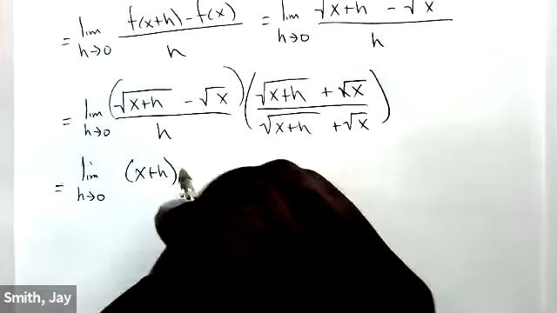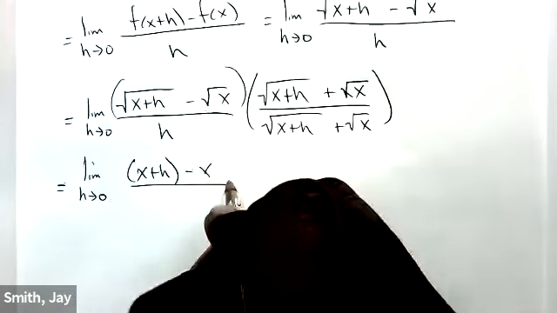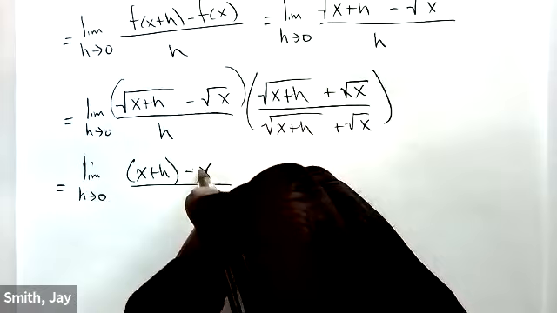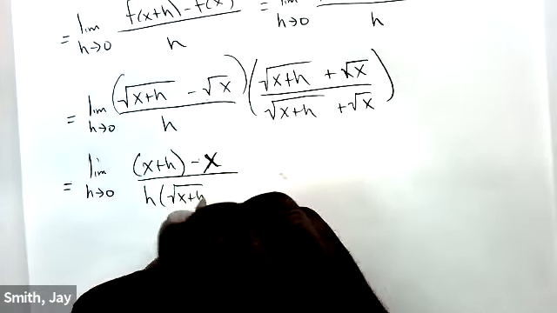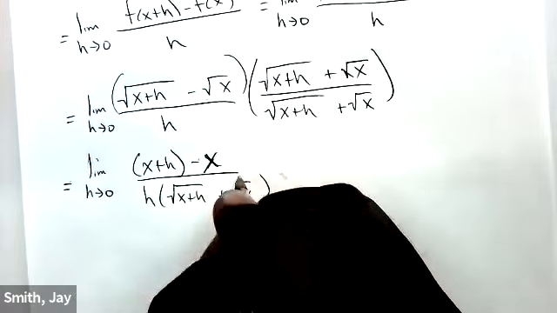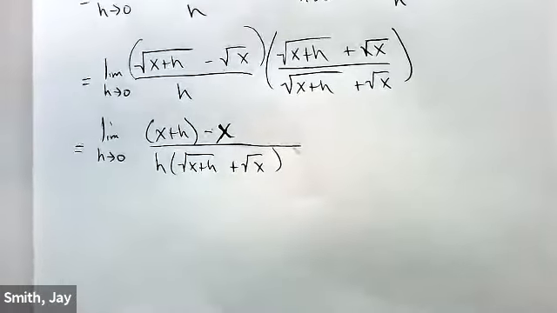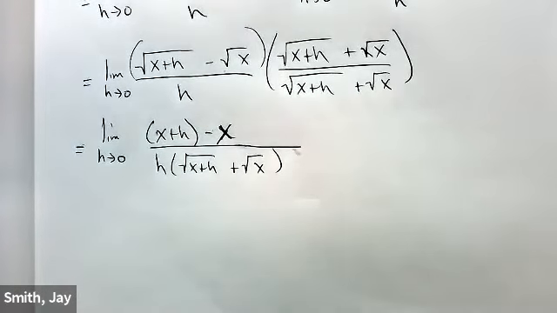That's going to give me a negative x, as it's still being divided by h times the square root of x plus h plus the square root of x. Up top, we have x plus h minus x.